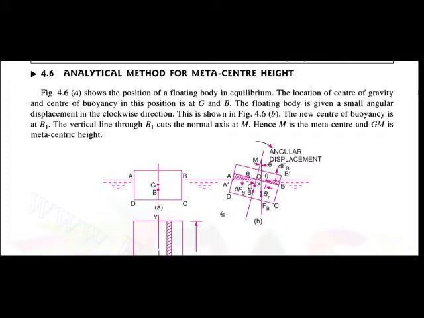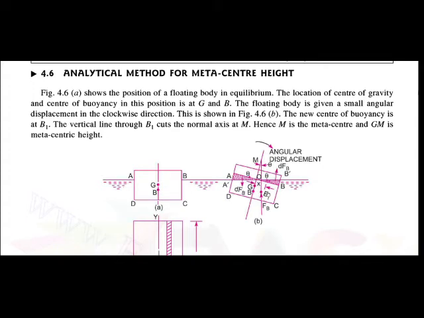In figure B you can see this body is tilted. The new center of buoyancy, so it is tilted in the clockwise direction. As the body is tilted by some amount, the force of buoyancy is also shifted from B to B1.